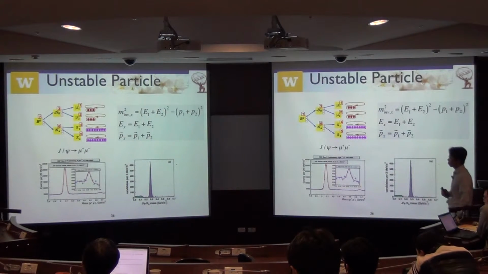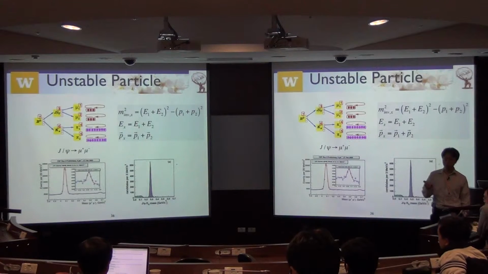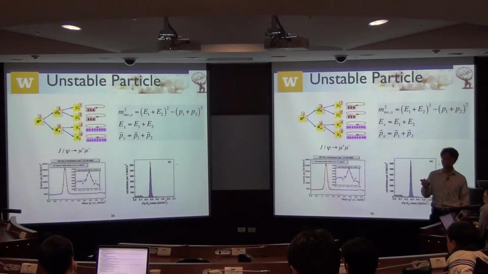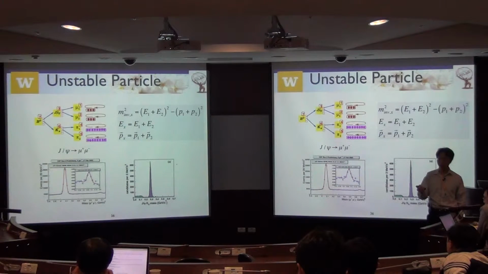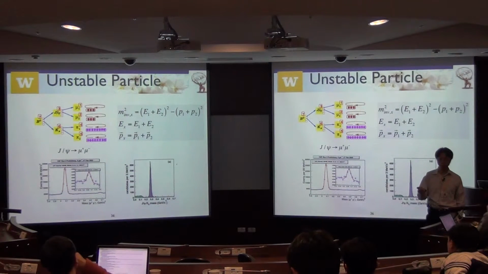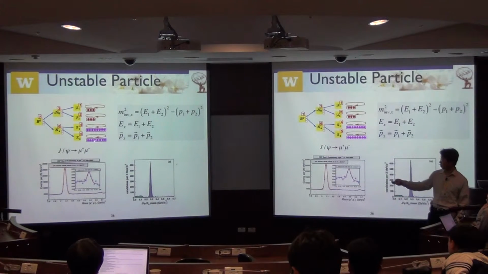Okay, so as I mentioned, the reason why we eventually can only detect the stable particles is because we try to apply all knowledge of the dynamics and also the kinematics of particle physics. When you have some unstable particle produced, they will undergo a series of decays to all the final stable particles.